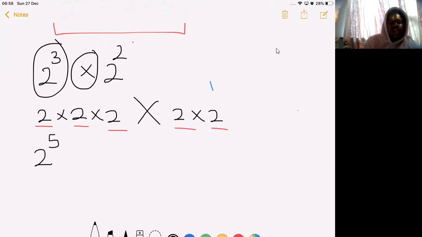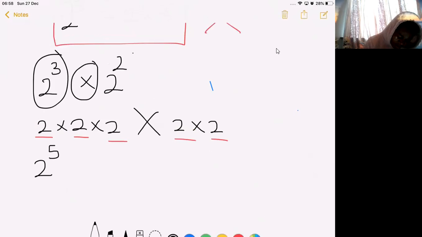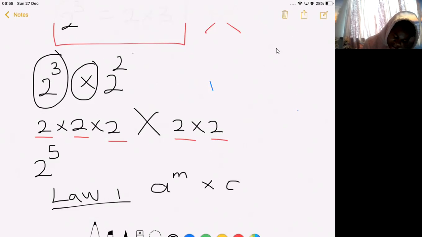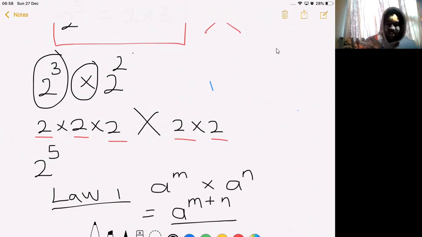That's where the rule comes from. So now to talk of the laws, law number 1. Let's use A. Law 1 says A to the power of M multiplied by A to the power of N is equal to A to the power of M plus N. This is the law that we are going to talk about today.